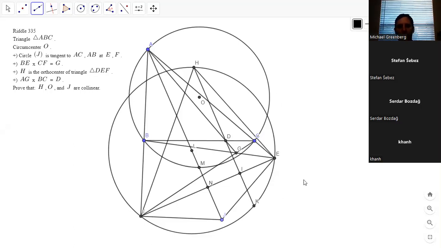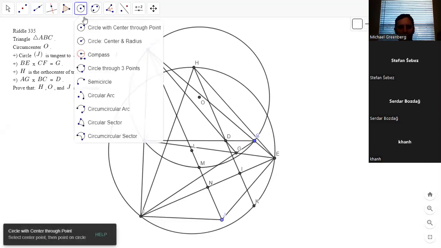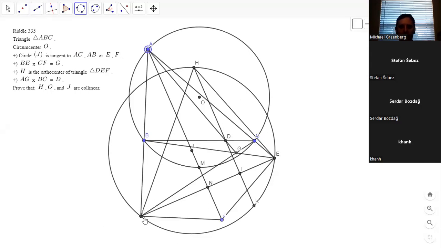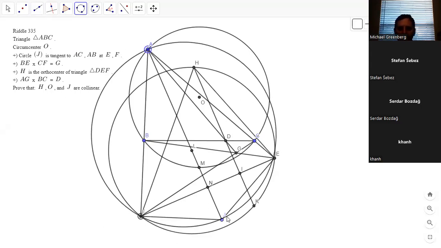I'm starting to wonder how useful this circle is. Unless we can show that K lies on this circle, but no, I don't think it does. So can we project through some other point?